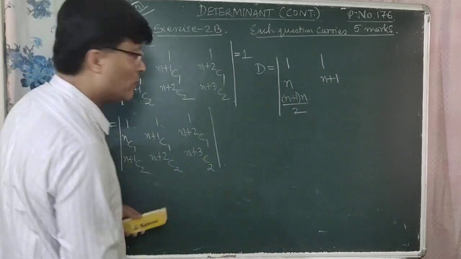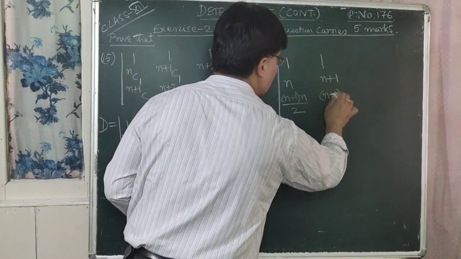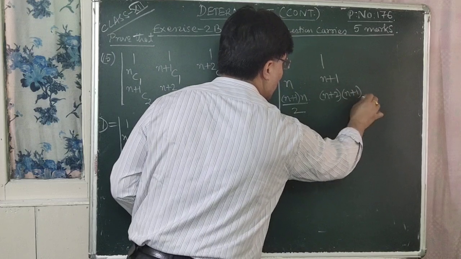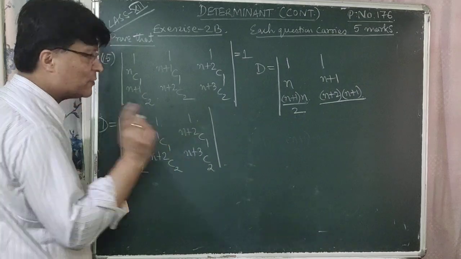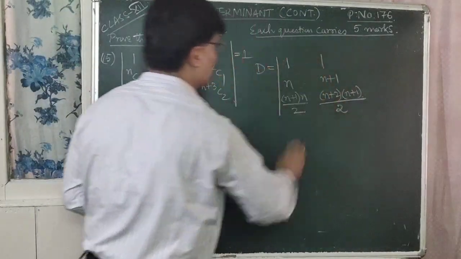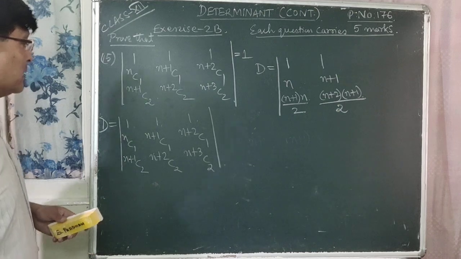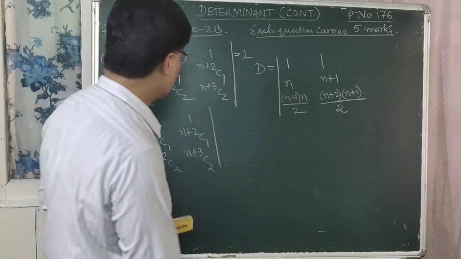So the starting factor is n plus 2, then 1 less, n plus 1, whole divided by factorial 2. What is factorial 2? It is 2. Is that right? So next, again, the third column. What is the third column now? 1.